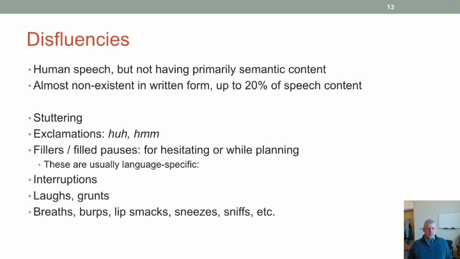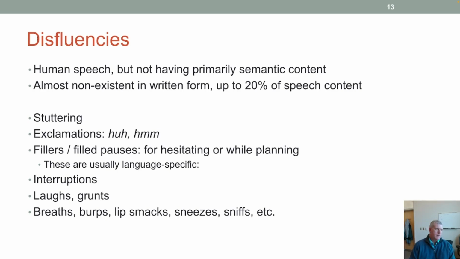Disfluencies. Now, disfluencies are like false starts and other things that you don't usually see in writing. We don't actually write down that stuff. But up to 20% of speech can include disfluencies, like those false starts and the ums, right? In English, we say um.